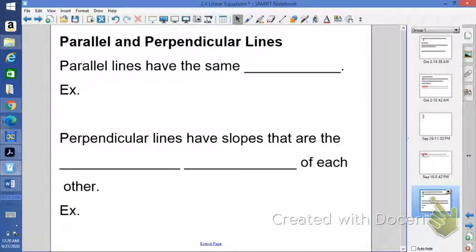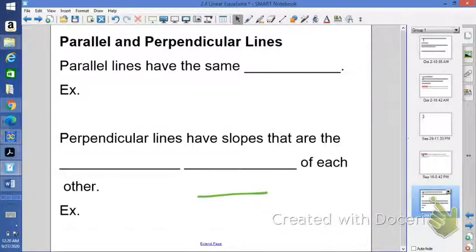Alright, we're going to finish by talking about parallel and perpendicular lines. When we're talking about parallel lines, we're talking about two lines that won't intersect. I think by now you guys know what parallel lines are.